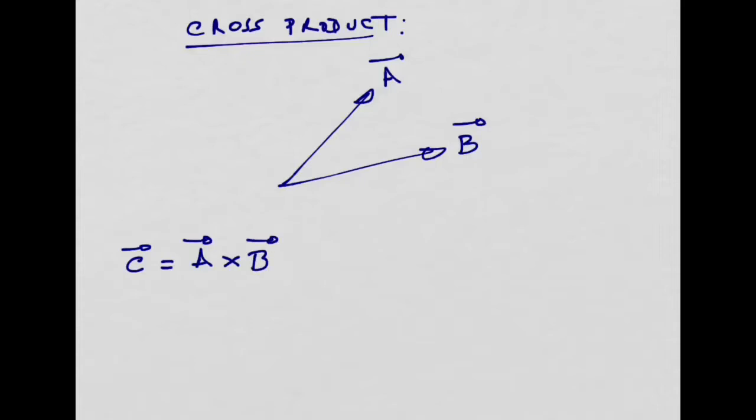The most important thing now is this property of the cross product, which is that the resulting vector C is perpendicular. So I'm going to put it in red, sorry.